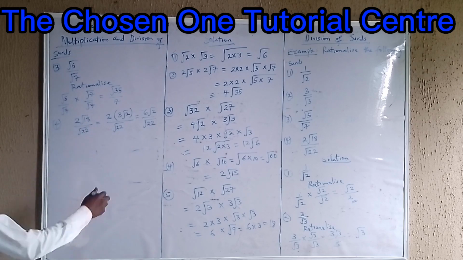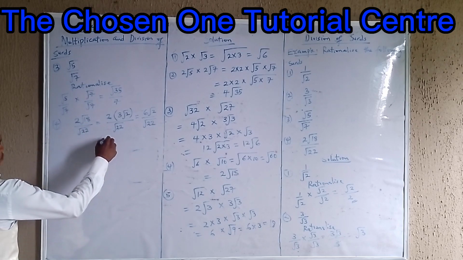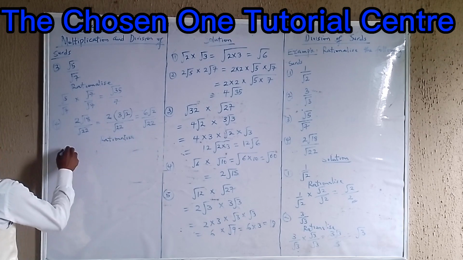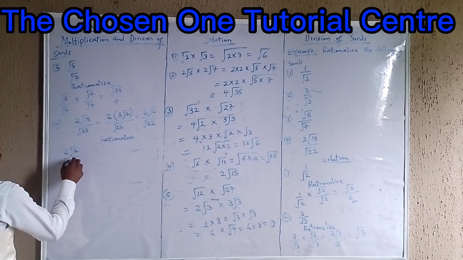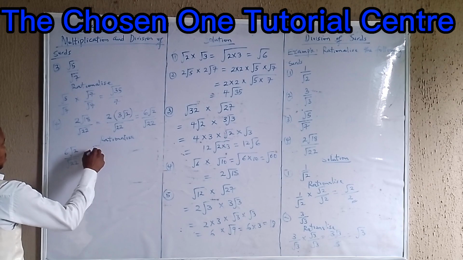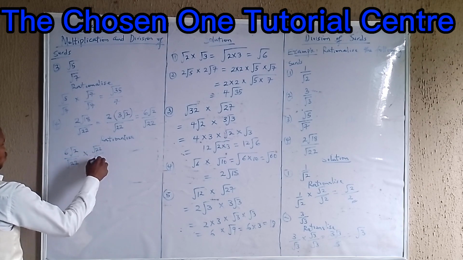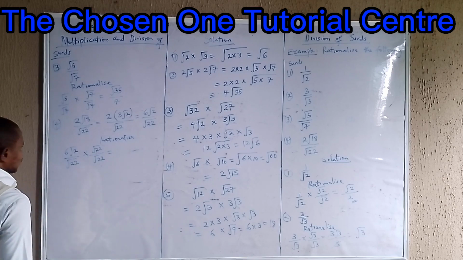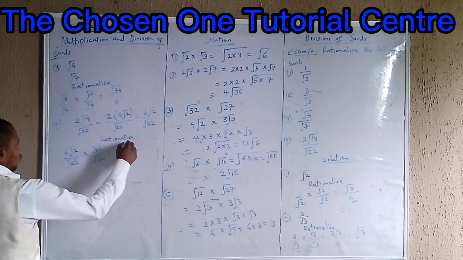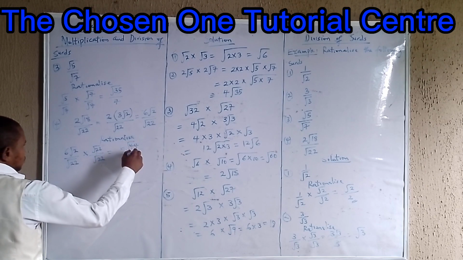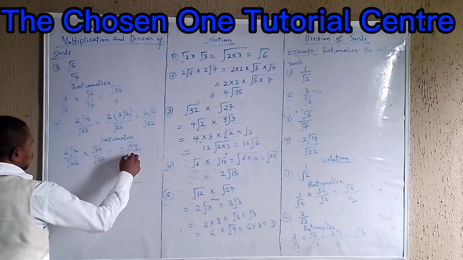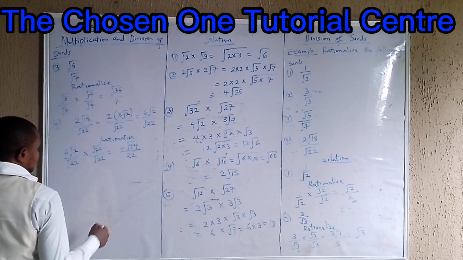So we are going to rationalize. Then we are going to have 6 root 2 over root 22 times root 22 over root 22. Then we are going to have 6 root 44 over root 22 times root 22 will give us 22.